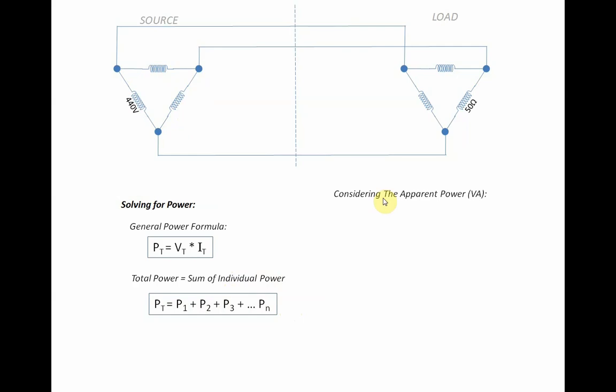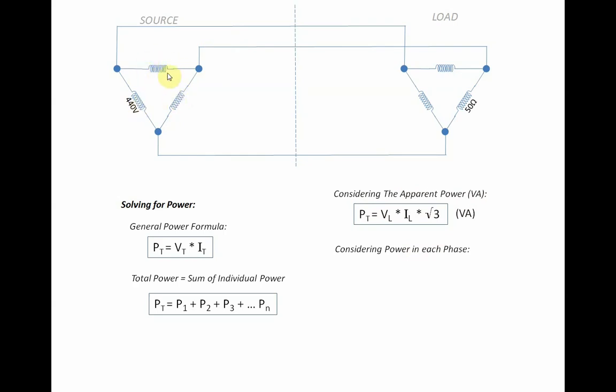So there are two formulas that we'll be considering here. For apparent power, which is the combination of reactive and resistive loads, total power would be the line voltage times the line current times square root of 3. So if we consider the line voltage and line current, we need to add square root of 3. To consider each phase, we would say power 1 plus power 2 plus power 3.